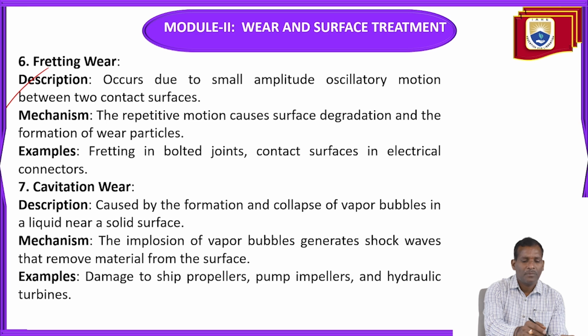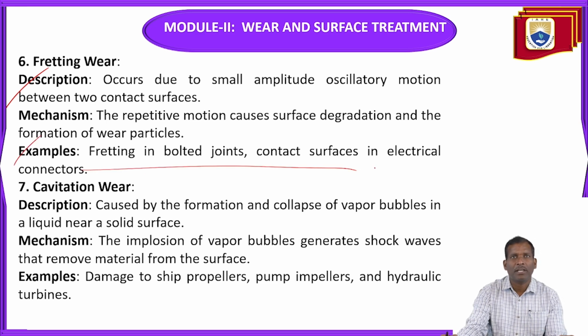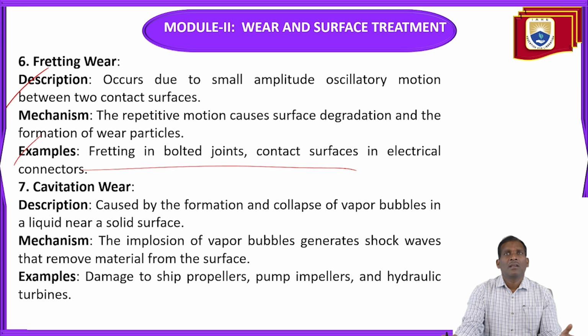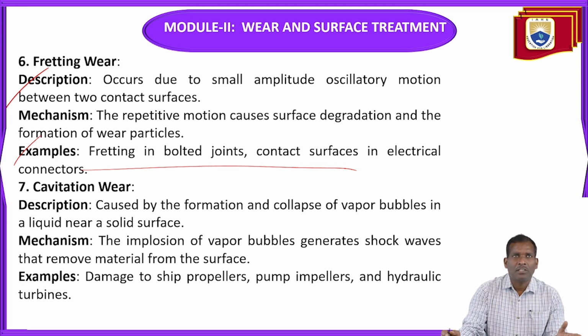The examples are fretting in bolted joints, contact surfaces, and electrical connectors. So whenever oscillatory motion between two contact surfaces is present, this type of fretting wear will occur. Why? Because the repetitive, to and fro motion causes surface degradation.